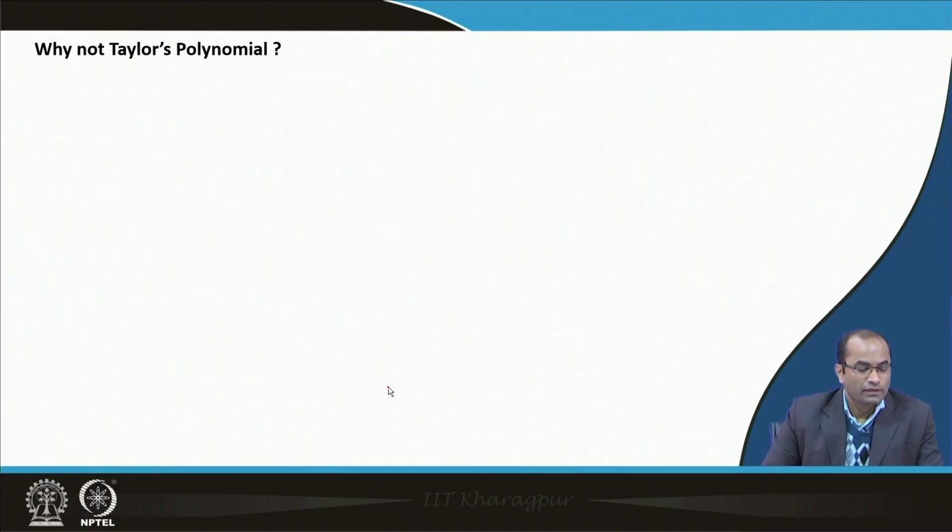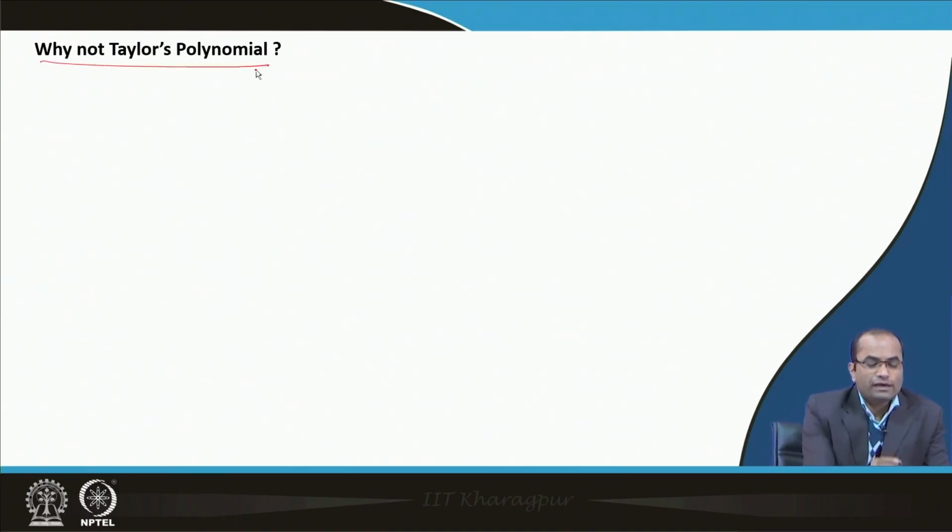But the question is, why not Taylor's polynomial? Because we have already studied Taylor's polynomial, which was also used for approximating a given function, and now we are talking about some other polynomial, not exactly the Taylor's polynomial. So, the question is, why not just the Taylor's approximation, because they are also doing the same job.